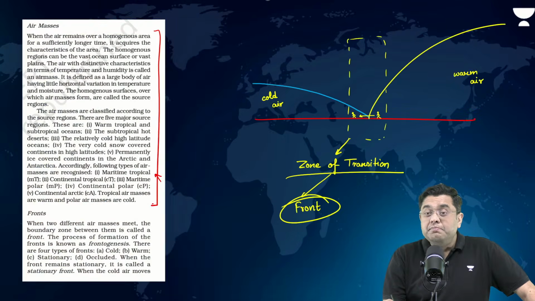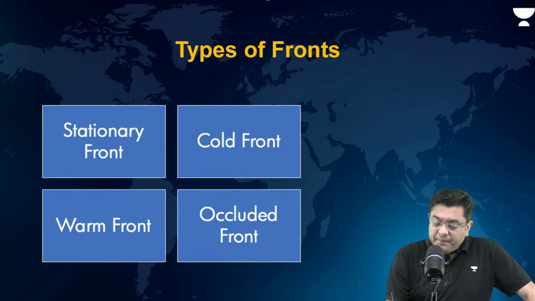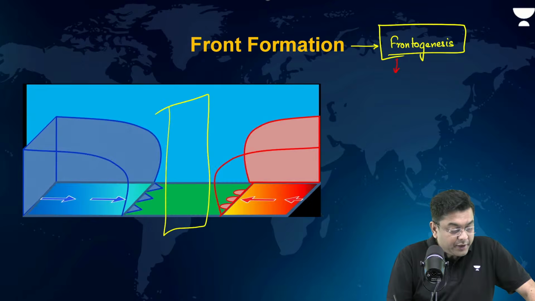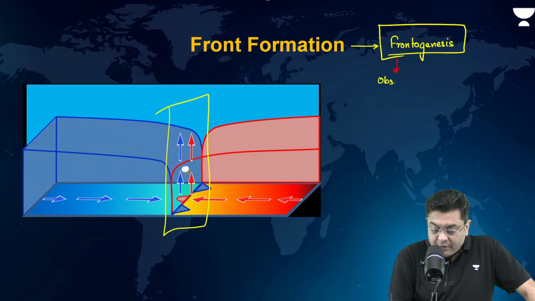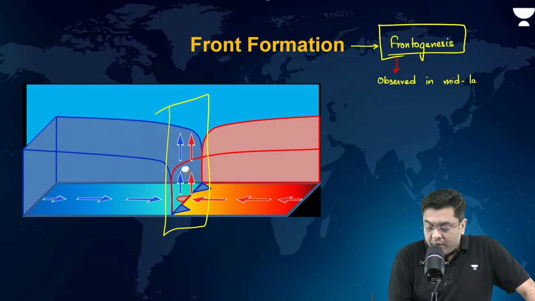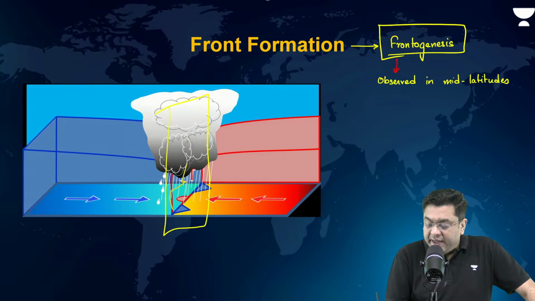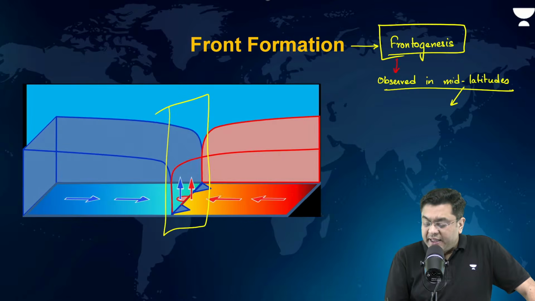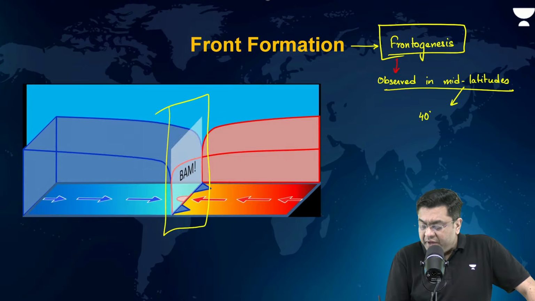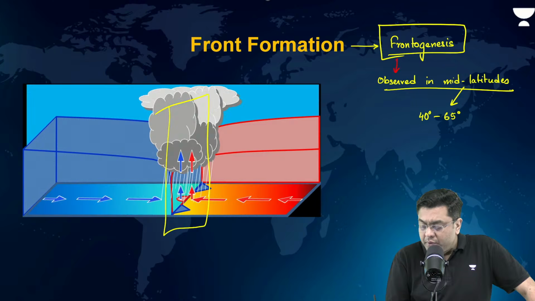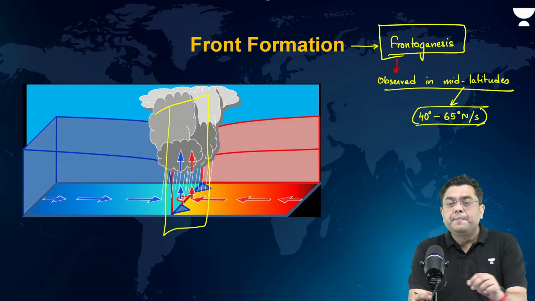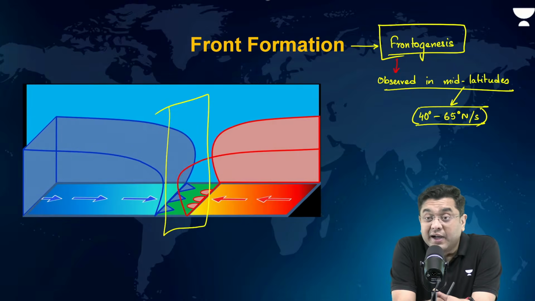In the region of mid latitudes. That is observed in mid latitudes. What is mid latitudes? Mid latitudes basically indicating the region that is around almost 40° to 65° north or south. That is where the frontogenesis will occur.